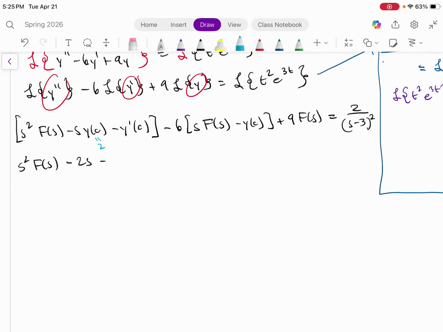Y prime naught is just 17, so minus 17. Minus 6s times F of s, and y naught we already saw was 2, so minus 6 times negative 2 is going to be plus 12, plus 9 F of s, and equals 2 over s minus 3 cubed.